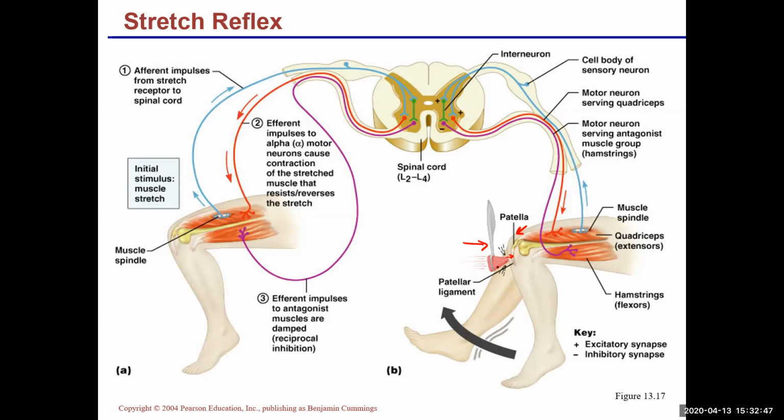So there are receptors and sensory nerves in the spindle fibers. So this one right over here in blue, that's your sensory neuron. So first was the receptor. We discussed this already, proprioceptors. Number two is your sensory neuron. So I'm just going to put 1 and 2.